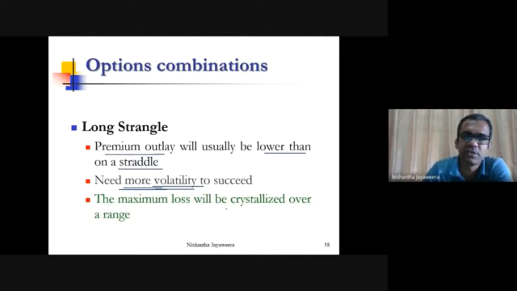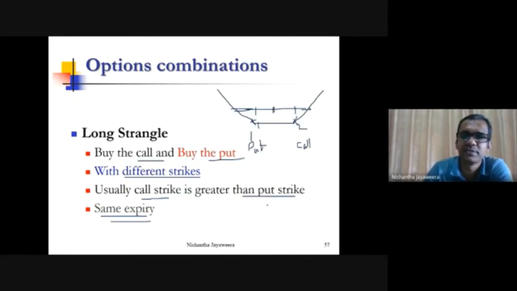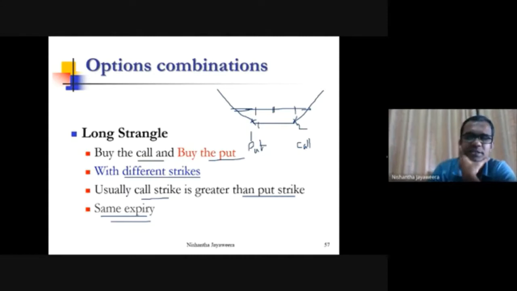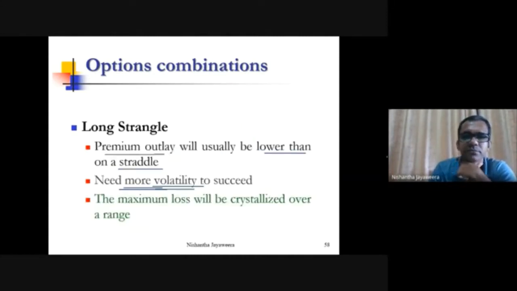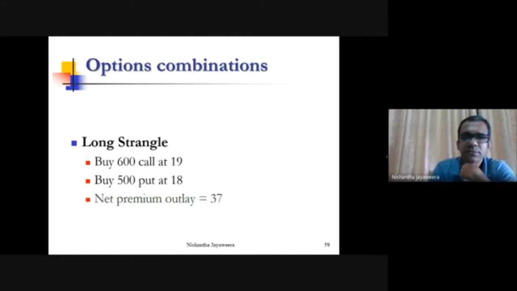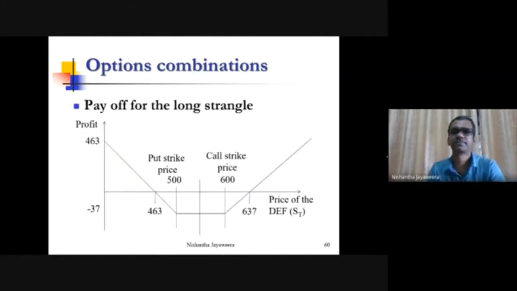So the maximum loss will be fixed over a range, a longer range than in the straddle. So this is an example.